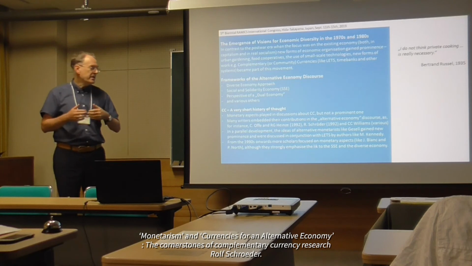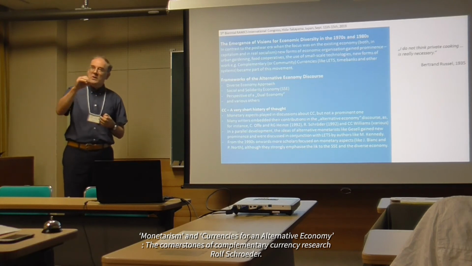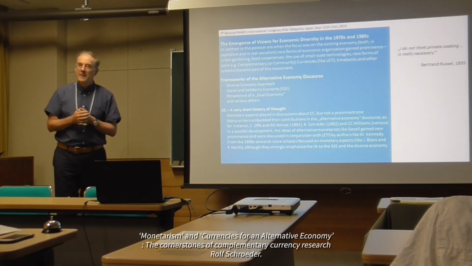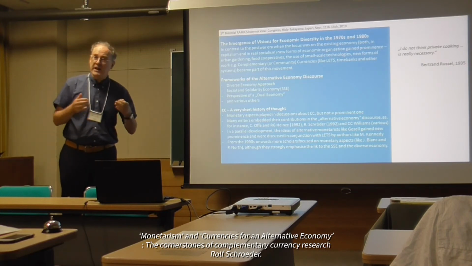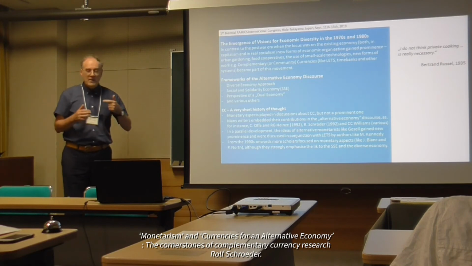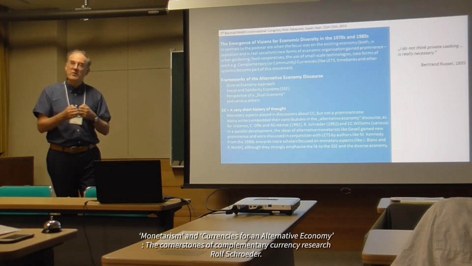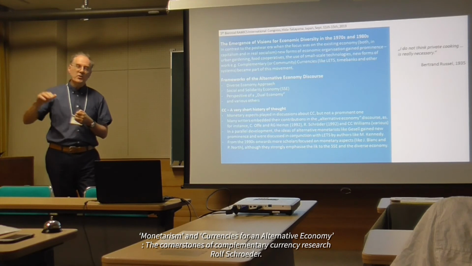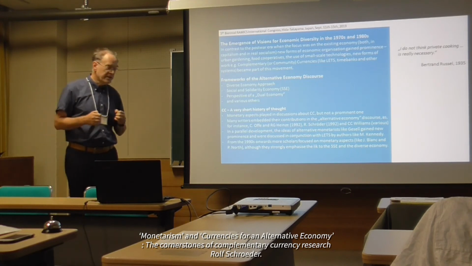In The Future of Money, he took that up. And slowly but surely, this became the dominant line of thinking. In the 1990s, academic scholars like Jérôme Blanc and Peter North also focused more on money. So slowly and surely, it changed. But in the beginning, things were a little bit different.